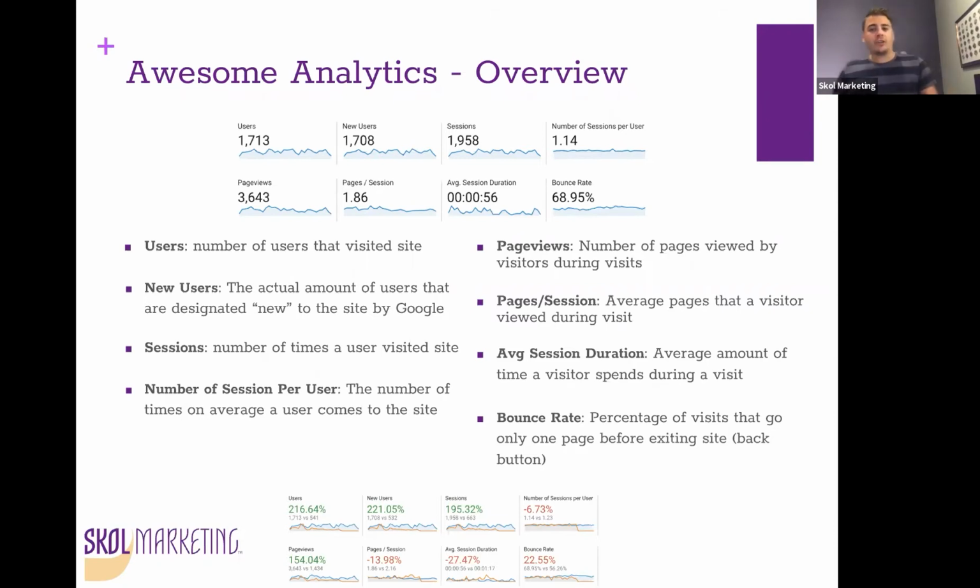Then moving along to average session duration. This is, across all those 1,958 sessions, how long were they actually on your site? One thing about session duration, just so you know, is that Google has technology where they have to be moving their cursor within Google's parameters to be counted.